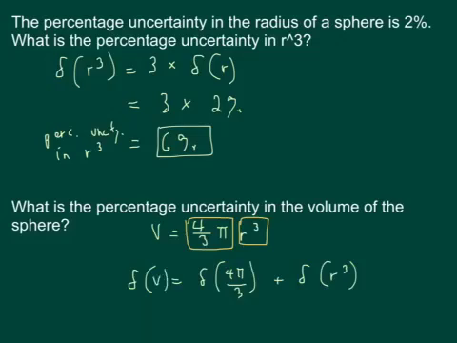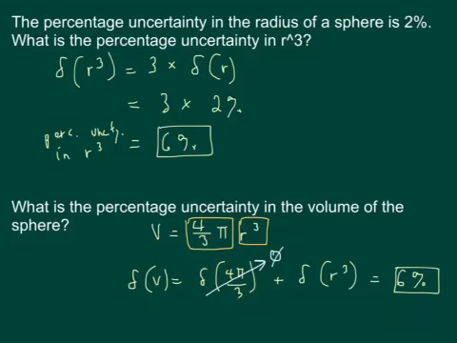But the percent uncertainty in 4/3 pi is 0. There's no uncertainty at all. We know exactly what 4 pi over 3 is. So this whole thing is 0, and all we're left with is the percent uncertainty in r cubed, which is 6%.